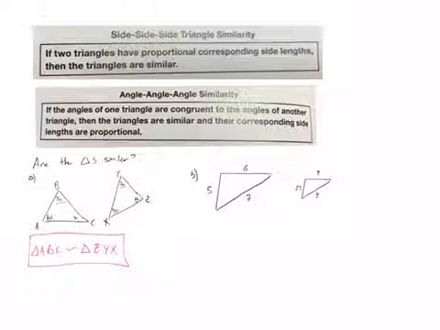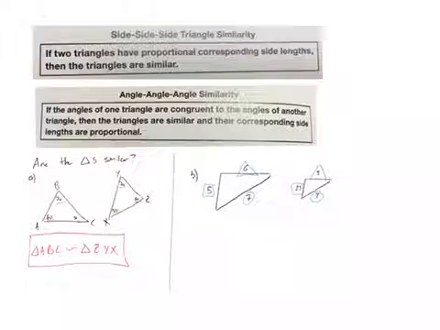So let's try this next one, part B, and see if these are proportional. It looks like my longest side is going to be 7 and 4, my shortest side is 5 and 2.5, and my middle side is 6 and 3.